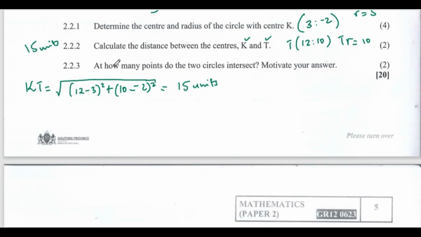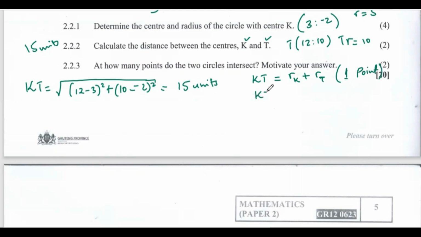Now, they're asking us at how many points the two circles intersect. So guys, remember, if you have two circles with centers K and T, and we get the distance KT, if this distance is equal to the radius of K plus the radius of T, then the circles are just touching at one point.